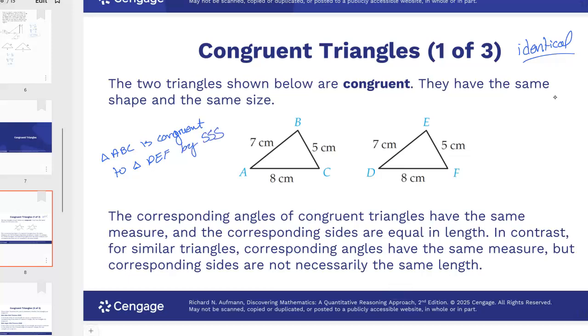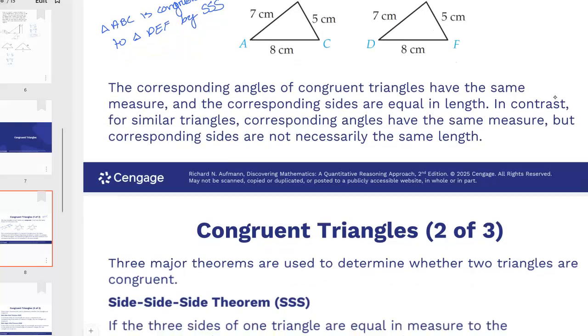What side, side, side says is if the sides are all equal, so AB is equal to DE, BC is equal to EF, and AC is equal to DF, then it forces these angles to be the same, which means that they are identical triangles.